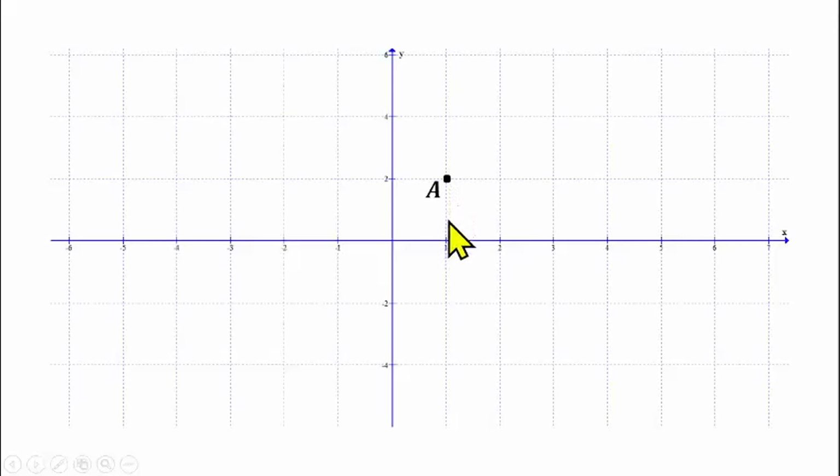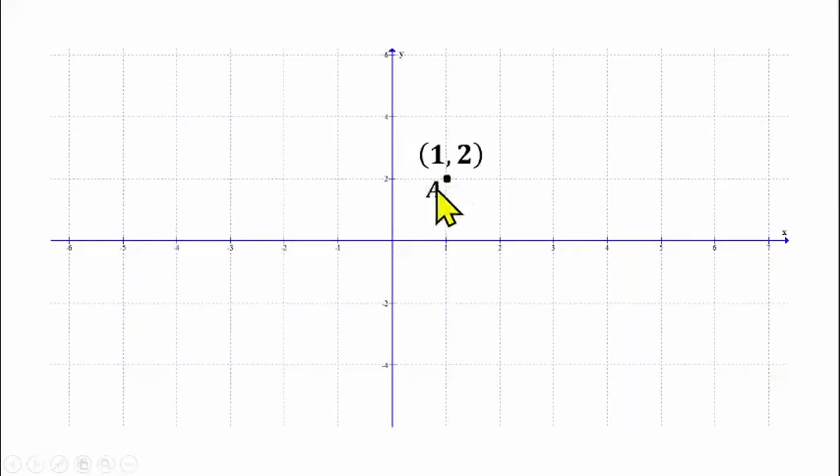That point A is on 1 on the x-axis, and on the y-axis it is on 2. So if I now write this value in a curve bracket, like this: 1 comma 2, saying that this point A is on 1 on the x-axis and on 2 on the y-axis, this written in a bracket is called a coordinate.